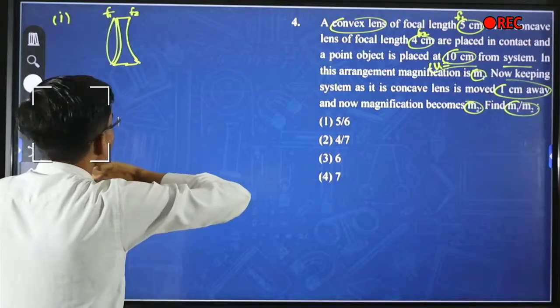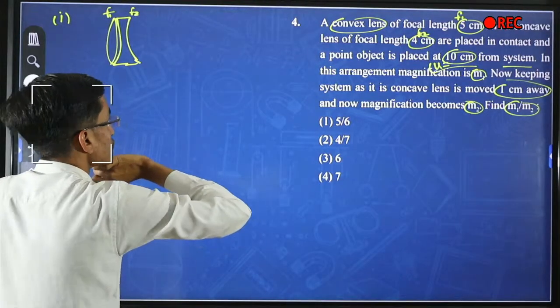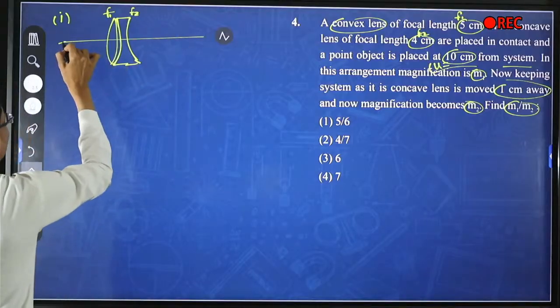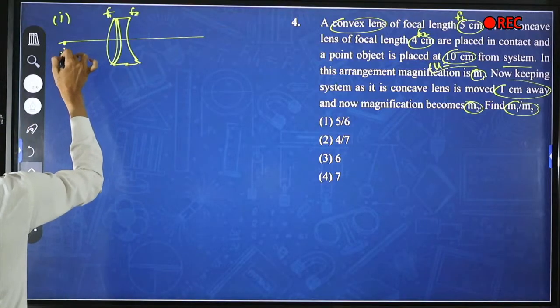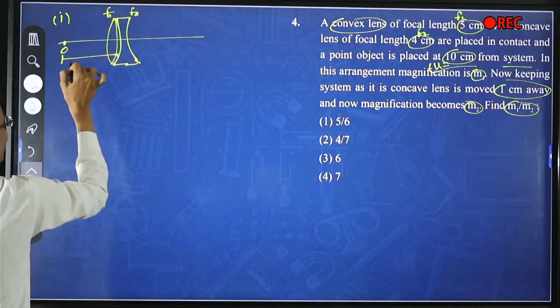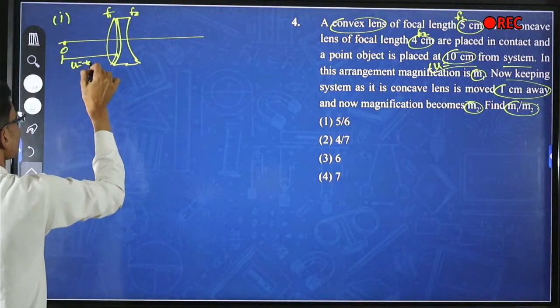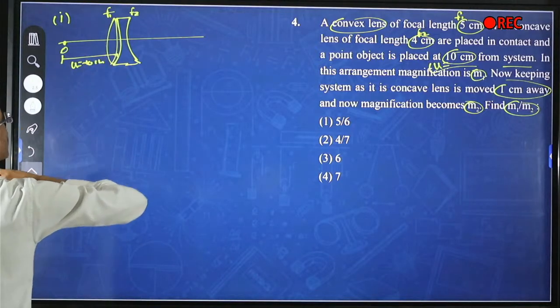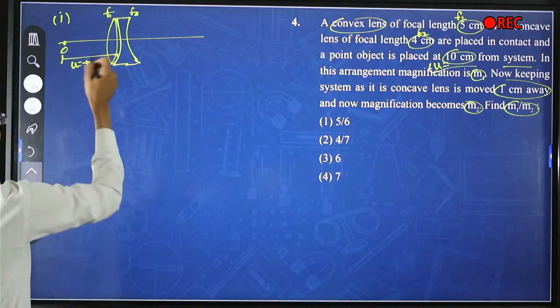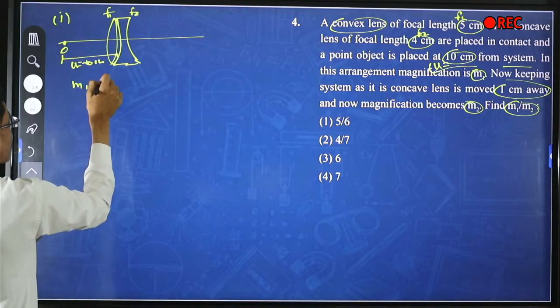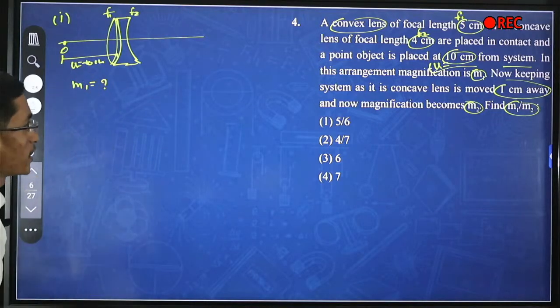They are both placed in contact with each other. Now, object O is placed at u equal to minus 10 cm from the system. And in this arrangement, the magnification is m1. We don't know, we have to find m1.